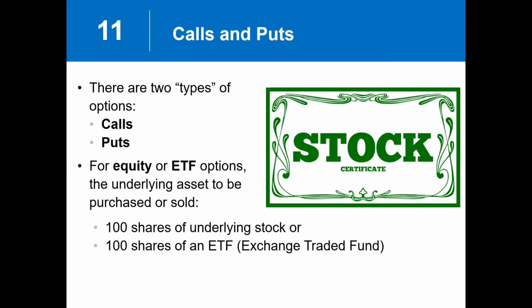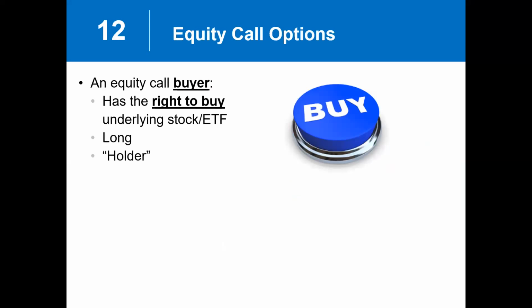Two types of options. We've got calls, we've got puts. They're basically on individual companies, ETFs, and indexes. As I think many of you know, each contract corresponds to 100 shares of the underlying index or ETF. So we talked about rights and obligations.